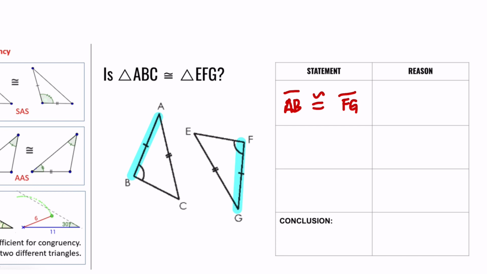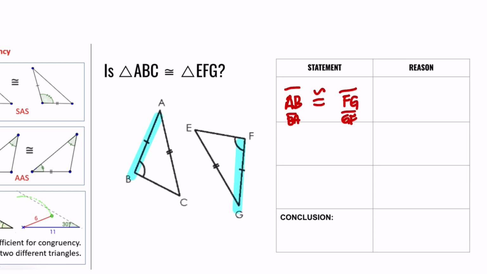Or, as I said, it can also be line BA or line GF, as long as you put in the letters of the points that make up the line. Okay? So, what is the reason? The reason is given. The diagram told us. That's why it's given.